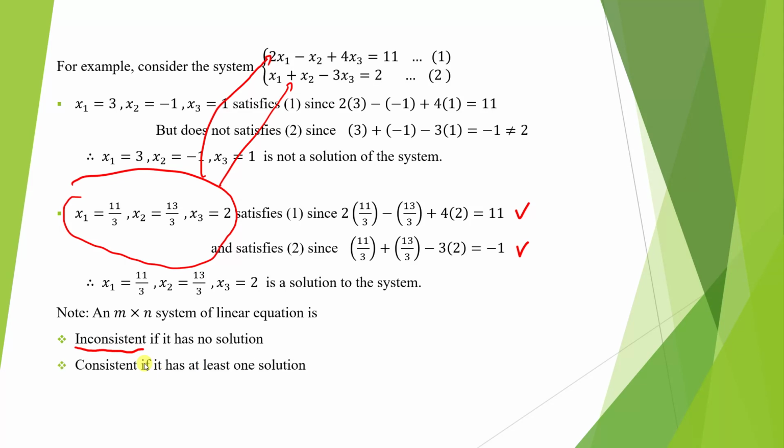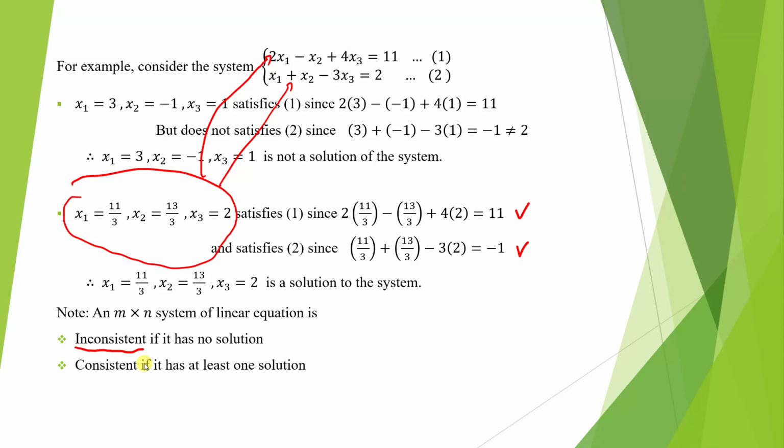Consistent means that it has at least one solution. At least one solution means it may have more solutions, such as 1, 2 or 3 solutions. This is the meaning of at least one solution.